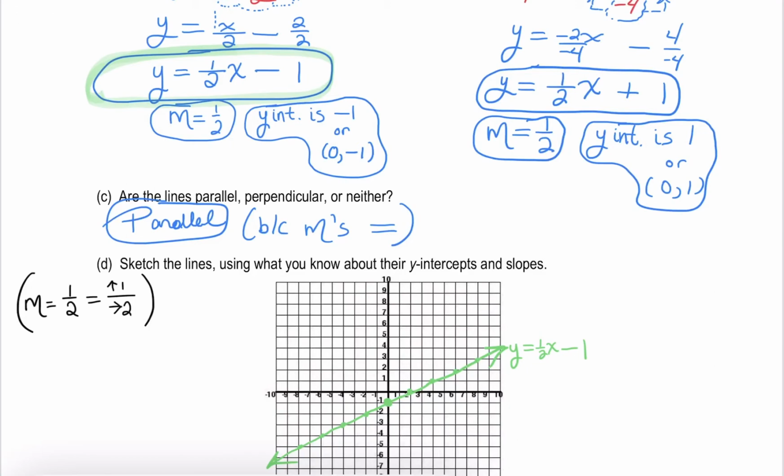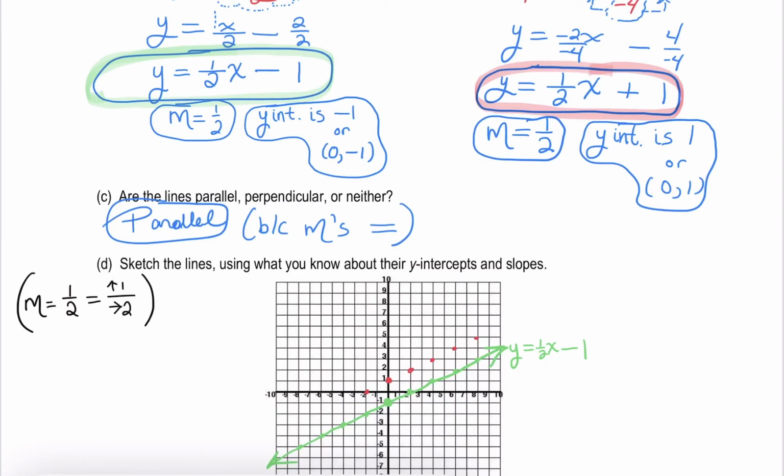All right, now let's take a look at graphing the line y equals a half x plus 1. It crosses the y-axis up here at positive 1, but its slope is still up 1 over 2. So again, from that y-intercept and from any point on that line, you can go up 1 and right 2.